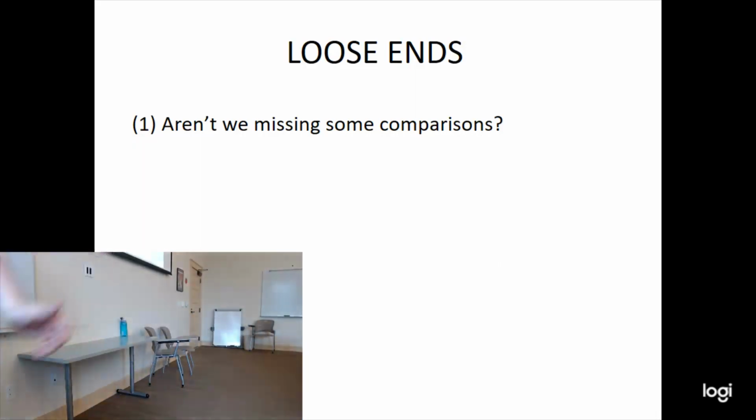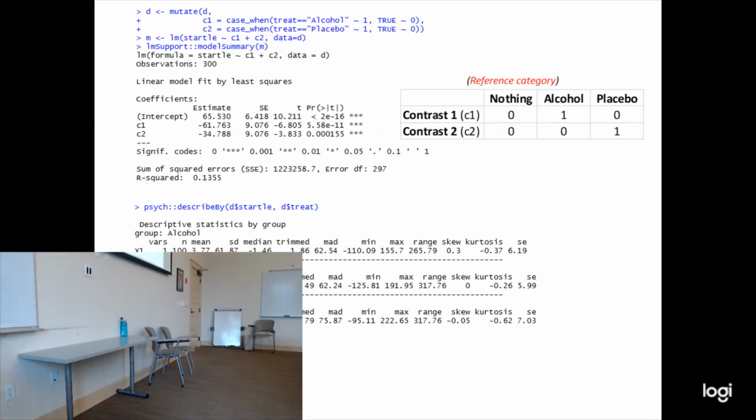Specifically, if I go back to this table of means, I was always comparing the reference category to either placebo or alcohol, but this comparison between alcohol and placebo isn't there. It's just gone, which seems kind of weird. If I'm looking at this model output up here and trying to find the comparison between alcohol and placebo, I can't find it.